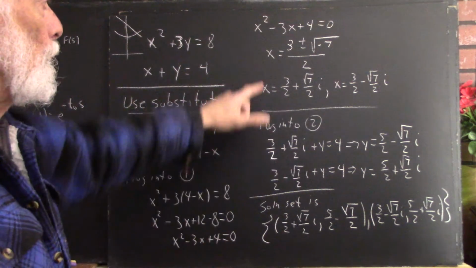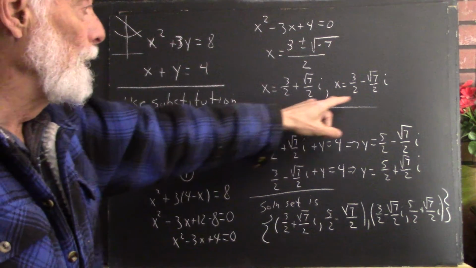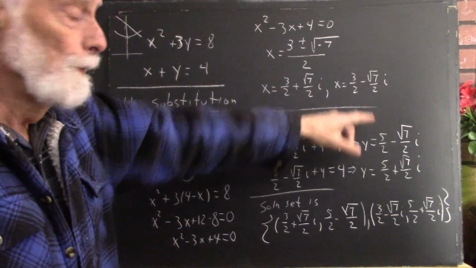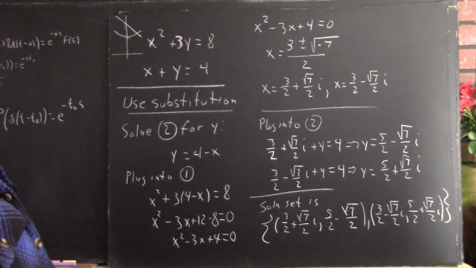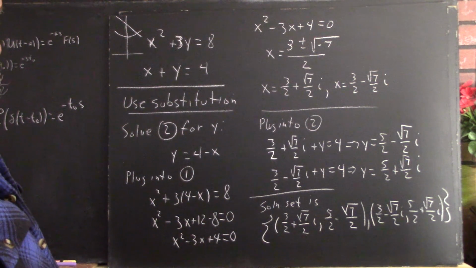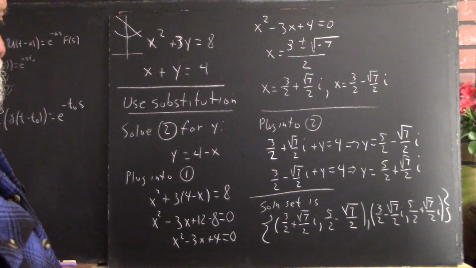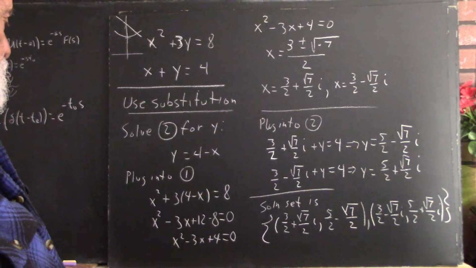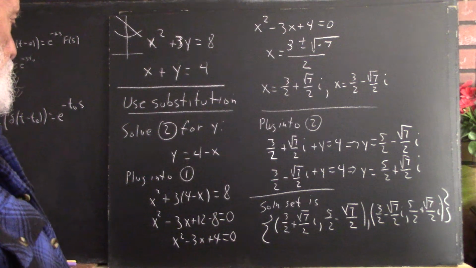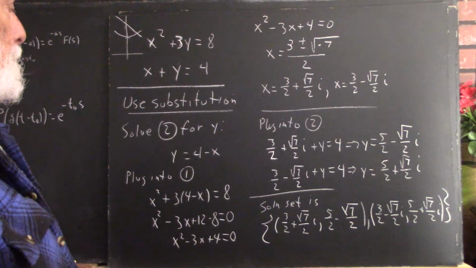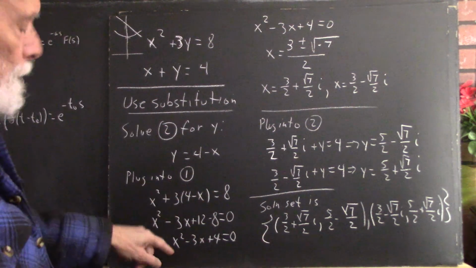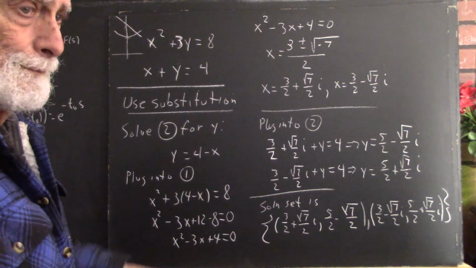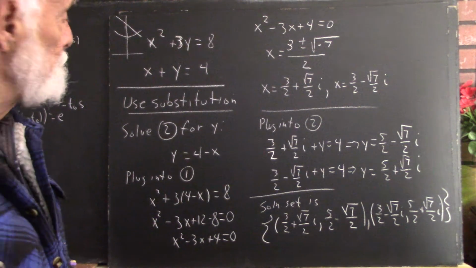But we found that there are no points of intersection because we got imaginary, well, complex number solutions. Which means that something isn't consistent. Either my graph isn't right or my solution isn't right.